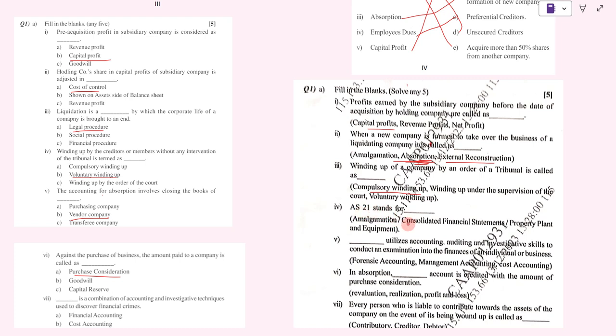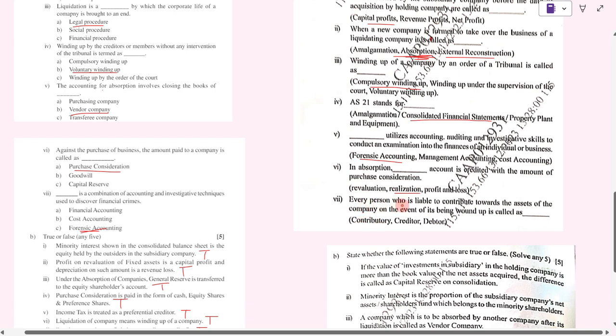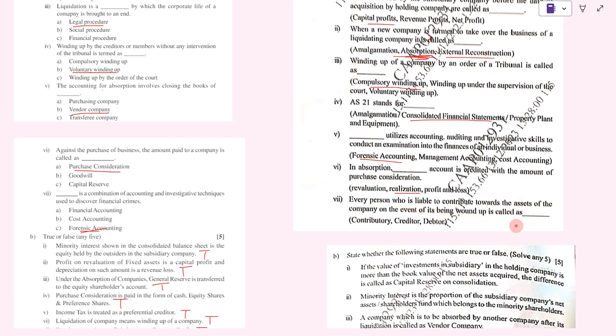Accounting Standard 21 stands for Consolidated Financial Statement. Dash utilizes accounting, auditing and investigative skills to conduct an examination into finances of an individual or business: forensic accounting. In absorption, realization account is credited with the amount of purchase consideration. Next, every person who is liable to contribute towards the assets of the company in the event of its being wound up is called a contributory.